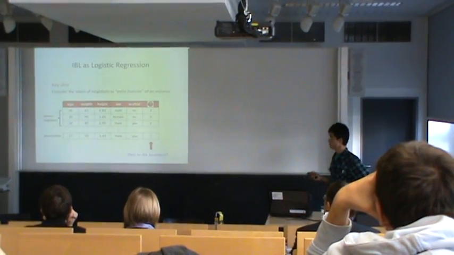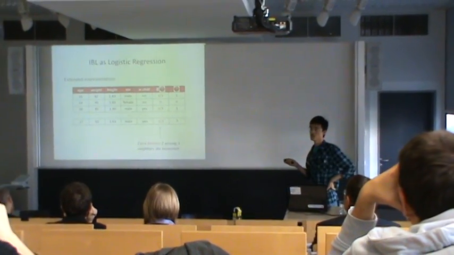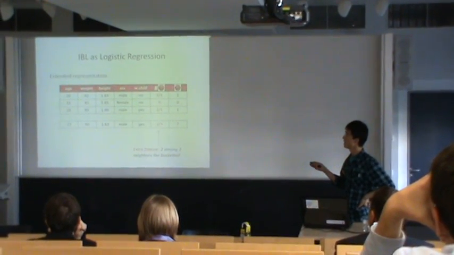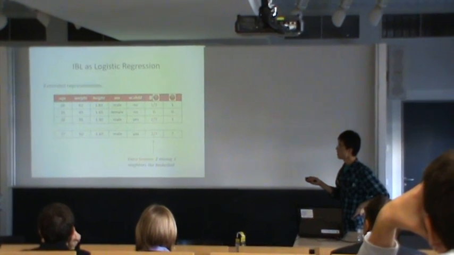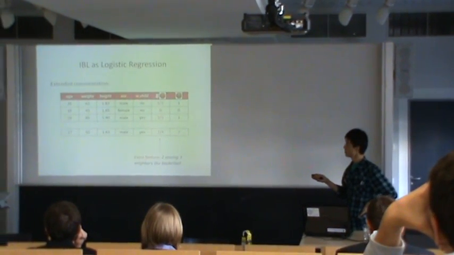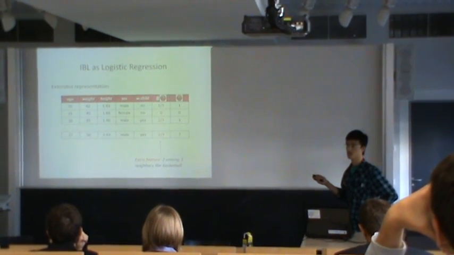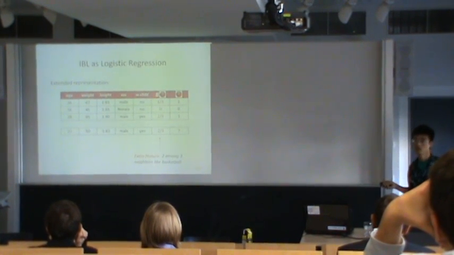To answer this question, we consider the label information in the neighborhood as an extra feature. For example, we have one artificial column here, which means that among the three neighbors, two of them like basketball. This is our extra feature. So this is the key idea.